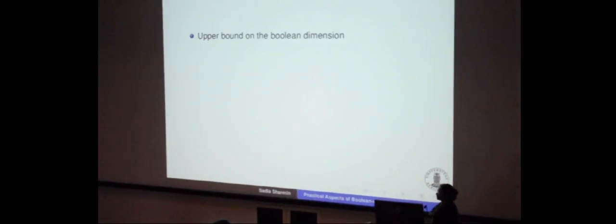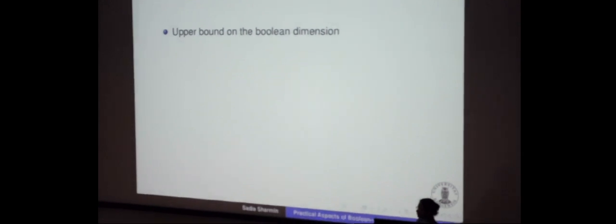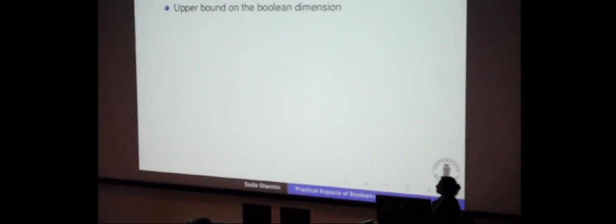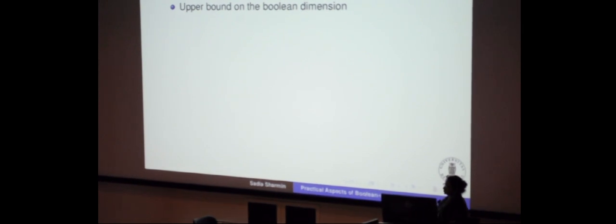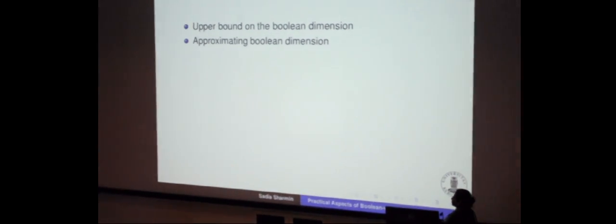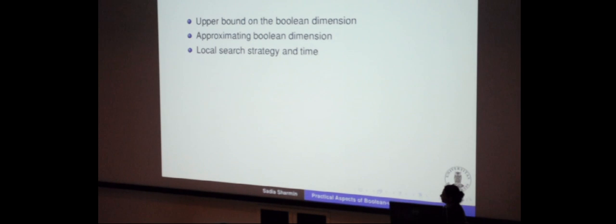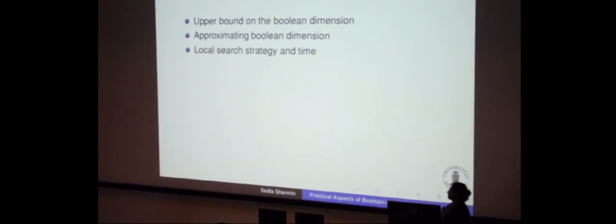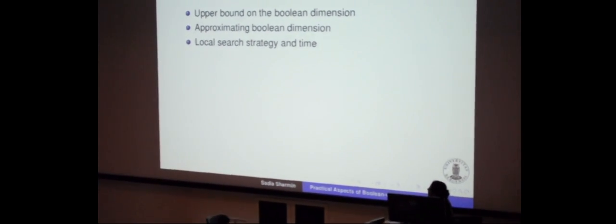So far we have only tried the exact computation of Boolean dimension. But upper bounds on Boolean dimension can also be tried, and approximation can also help in sampling. We have a very simple local structure that can be explored a little more to see how it can help.